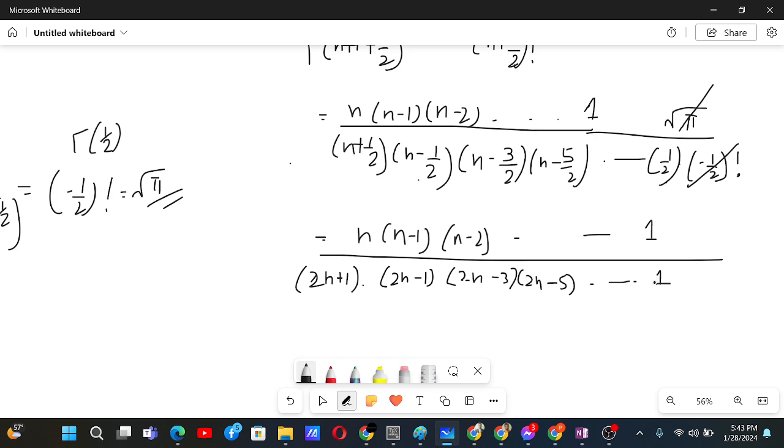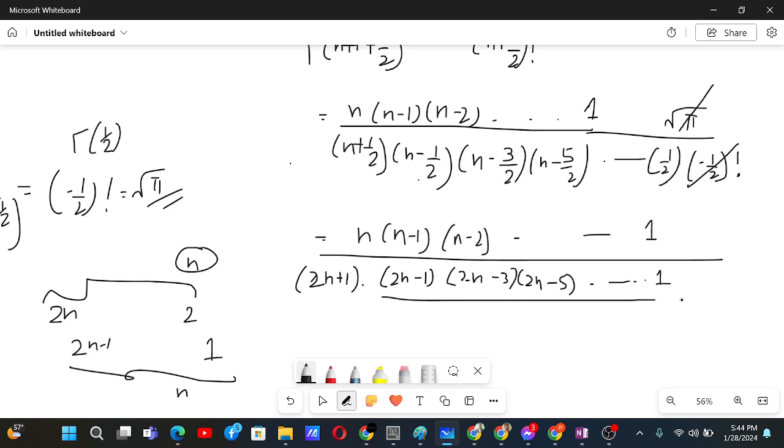Now from 2 to 2n, there are n number of terms. All of us do agree with that. So also from 1 to 2n minus 1 there would be n number of terms. So over here I can write by 2 to the power n, and over here by 2.